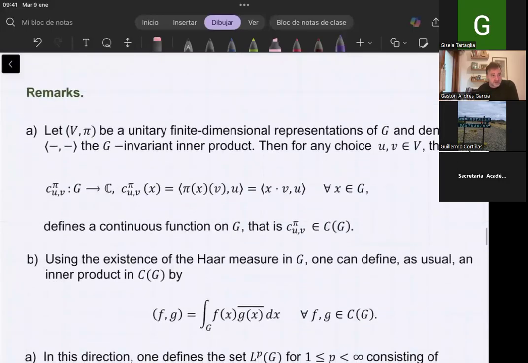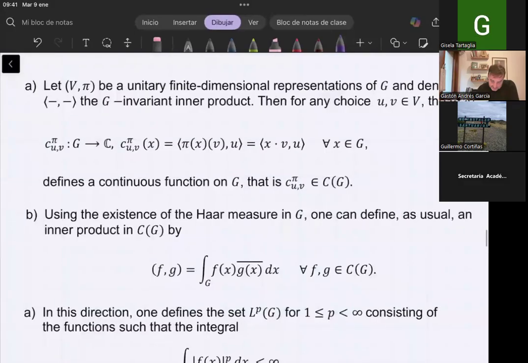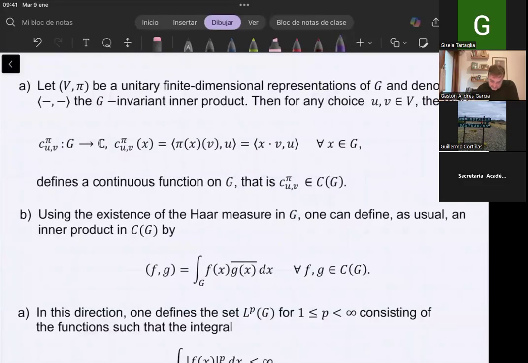So a couple of remarks before ending. For any pair of vectors, we can define the following maps. Since we have an inner product which is G-invariant, because we are thinking that the representation is unitary, given two vectors, we can produce a function from G to the complex numbers.